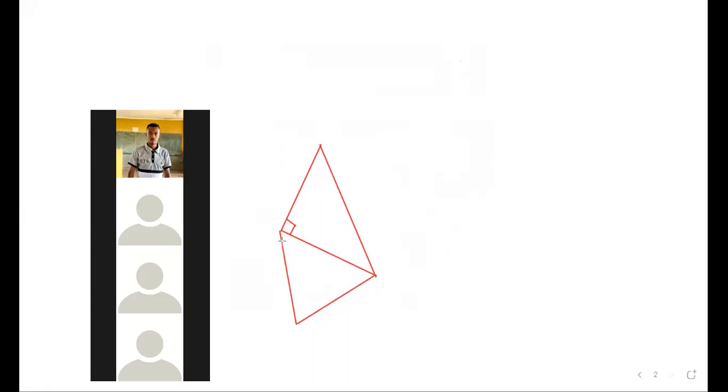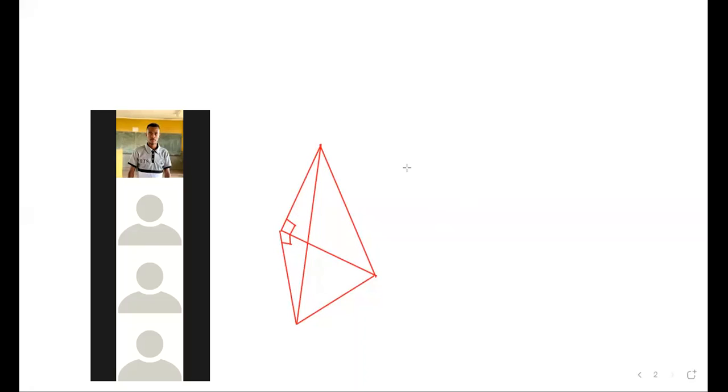And then say this is 90 degrees. And then have another line here. Can you see this? It's a 3D shape. It has 3 dimensions. Do you understand?